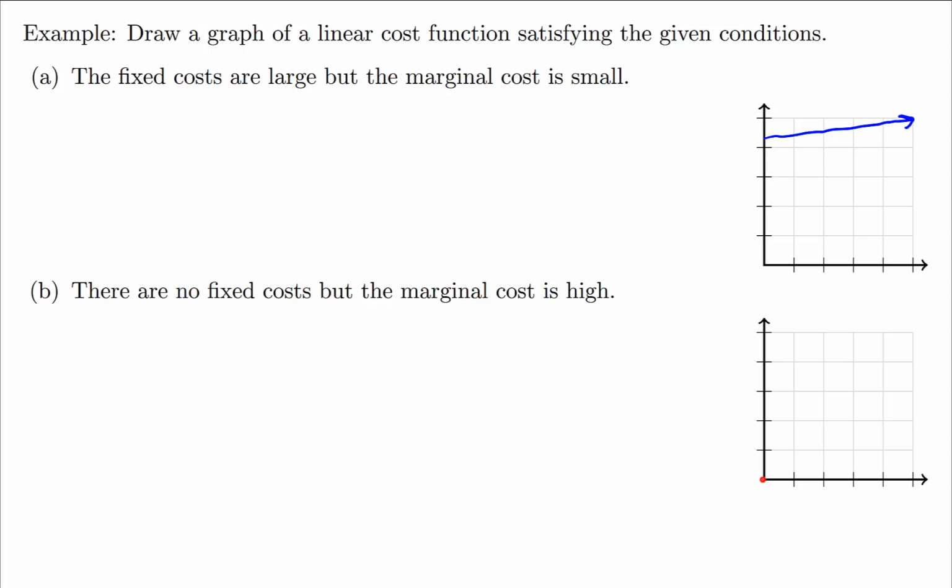That would start at the origin, but go very high very quickly. You'll notice that after about the third tick mark, this second example has already gone higher in total costs than the first one. So even if you have to pay a lot up front, if your marginal cost is small, eventually that is going to be a good thing. Watch out for schemes where they say no upfront costs, because chances are the marginal costs are very high.